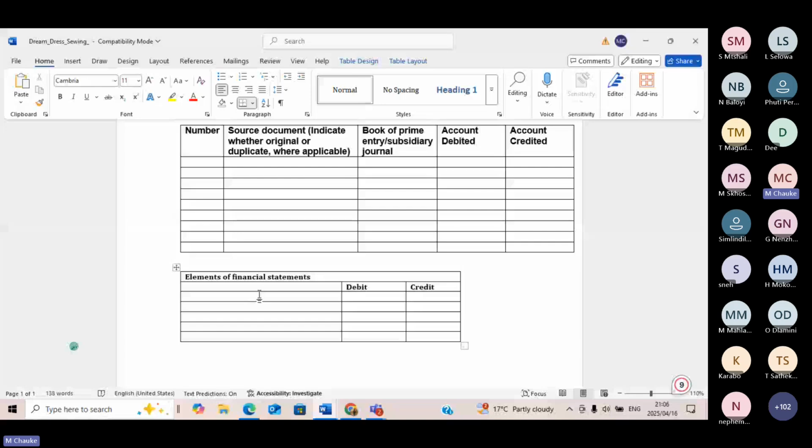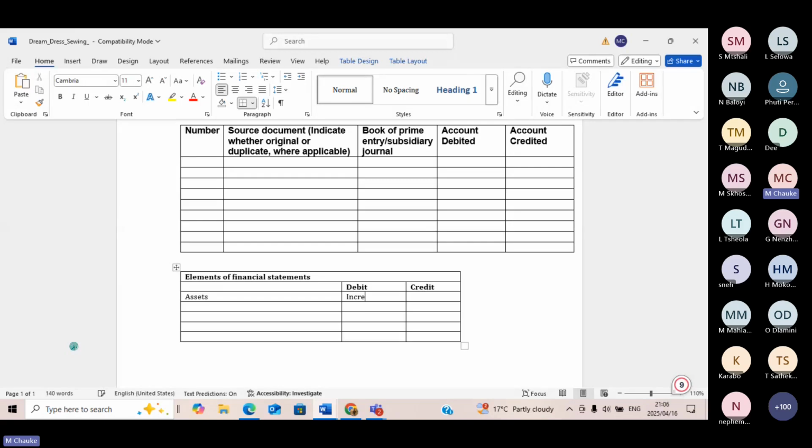We'll take it from there. So number 1, we've got assets. Anyone who knows where assets increase or decrease? Assets increase on the debit side, okay?